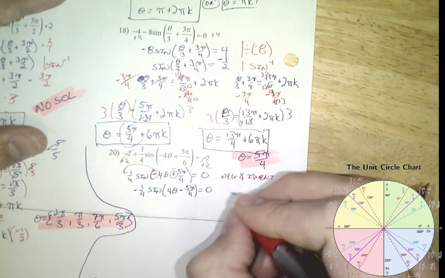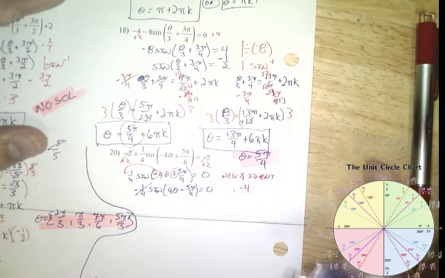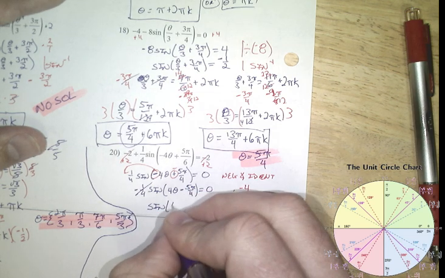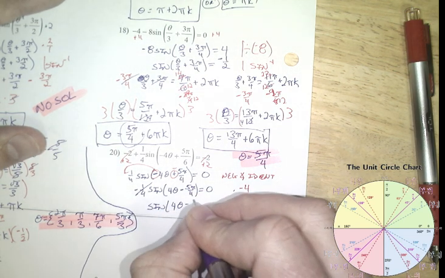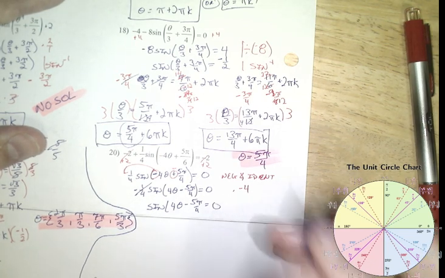Multiply both sides by -4. So that would go away, and 0 times -4 is the same. So we get sine of 4 theta minus 5 pi over 4 is equal to 0.